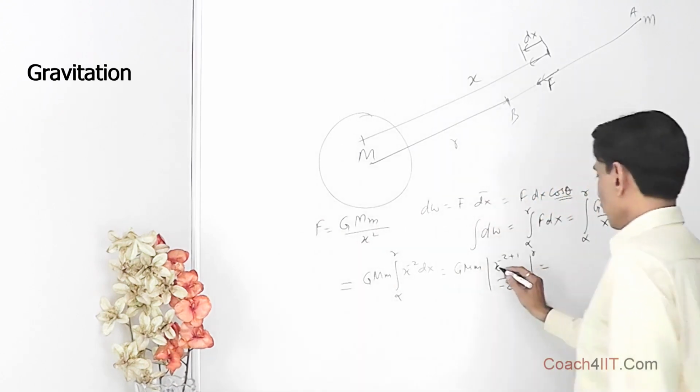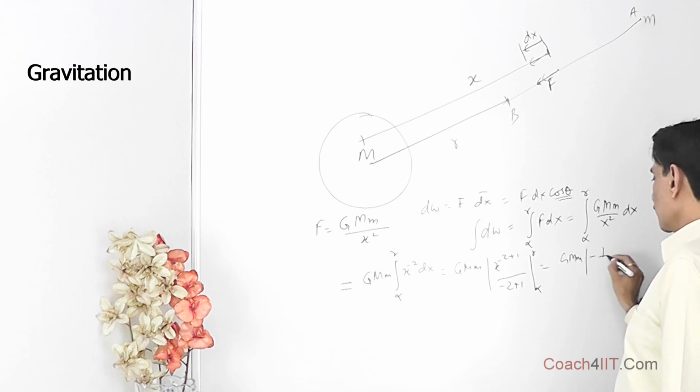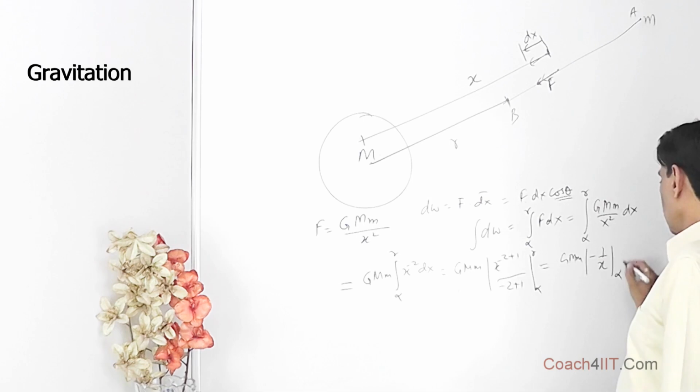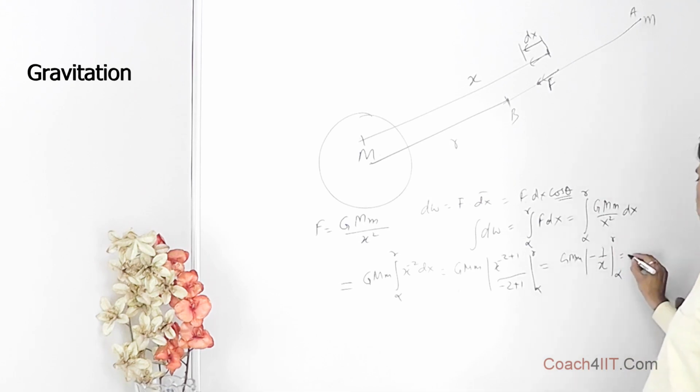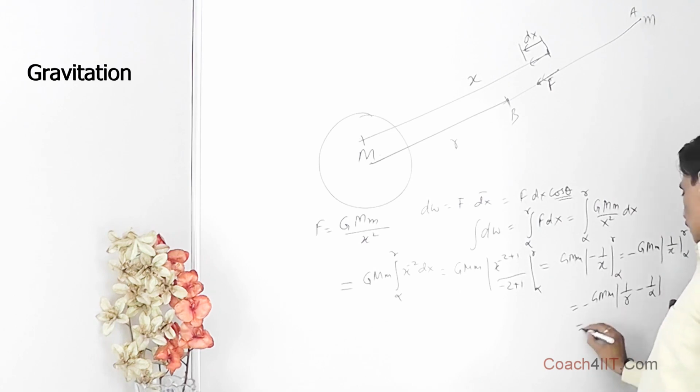So this comes out to be GMm times x raised to minus 1 upon minus 1, from infinity to r. We can take out the minus, so it is minus GMm 1 by x from infinity to r. So this comes out to be minus GMm 1 by r, upper limit first, minus, then we put the lower limit in this expression, 1 by infinity, which is 0. So it comes out to be minus GMm upon r.